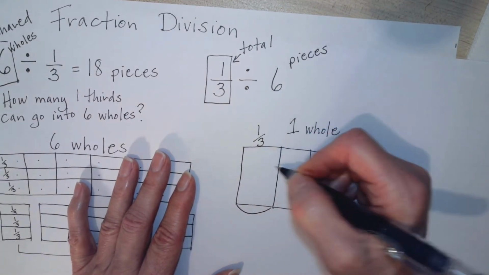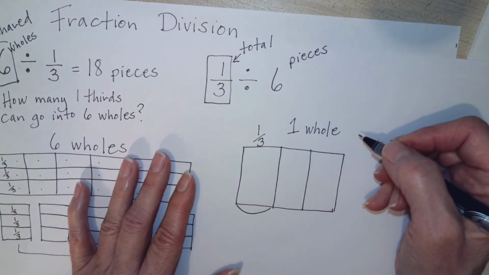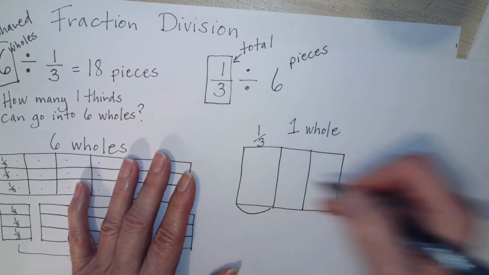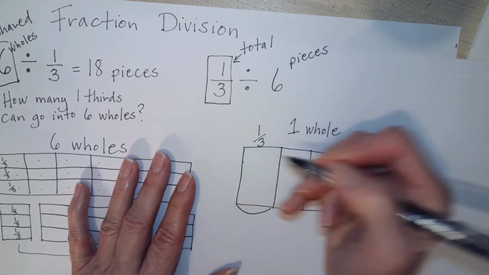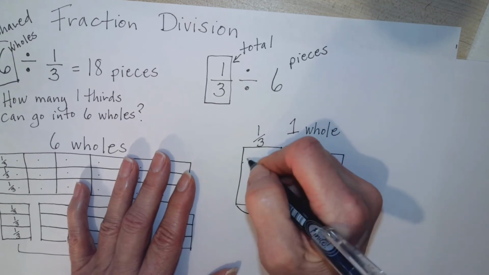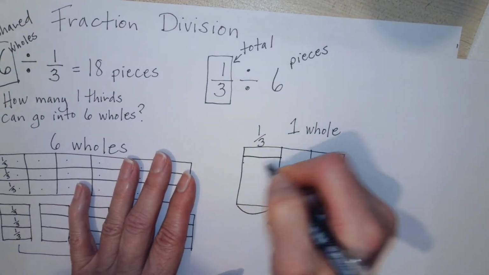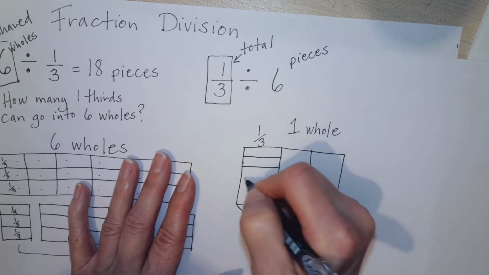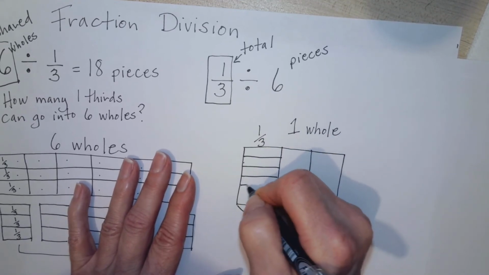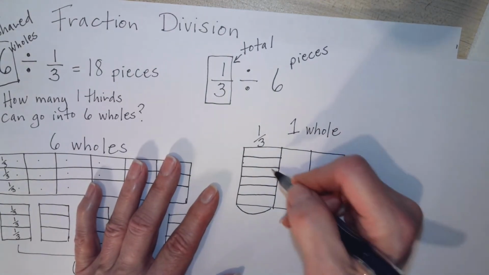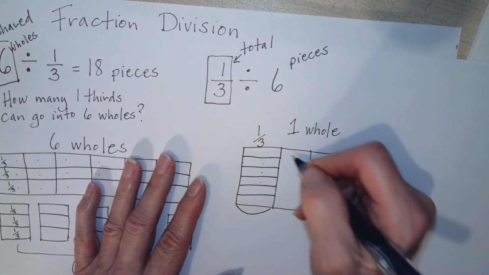And they want us to take this 1/3 and break it into 6 pieces. So we break this 1/3 into 6 pieces: 1, 2, 3, 4, 5, 6.